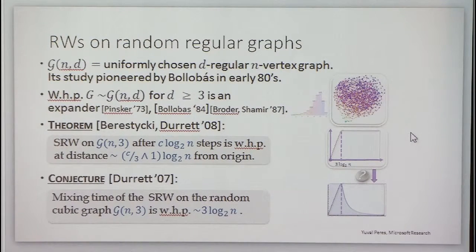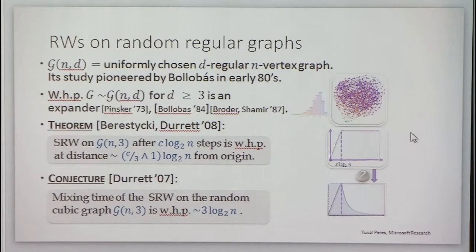So that speed 1/3 is what leads to the factor of 1/3 in this formula and to the 3 in this graph. For general d, 1/3 is going to be replaced by d minus 2 over d, because in a general d-regular tree, you have probability d minus 1 over d of going further and 1 over d of going closer to the starting point.